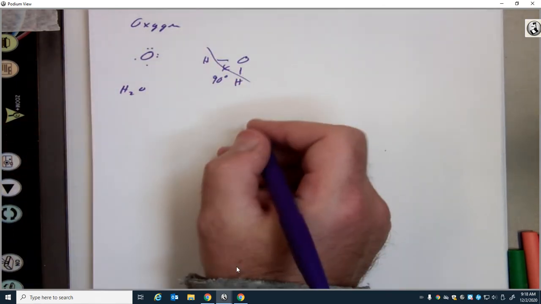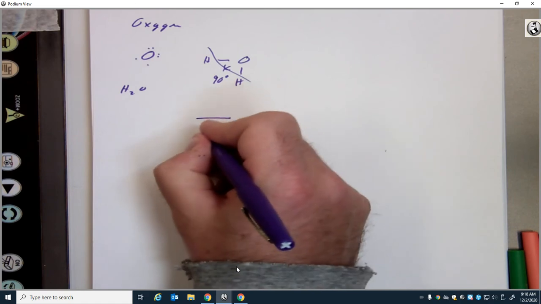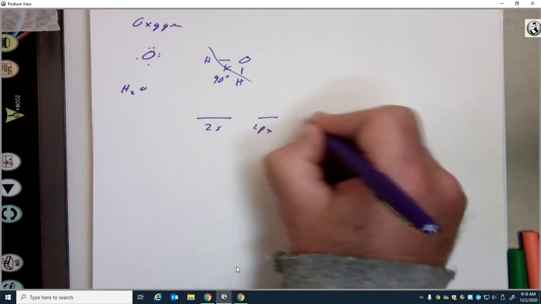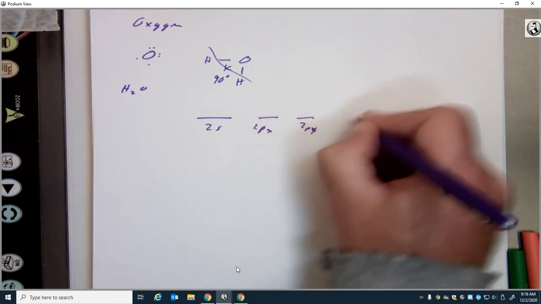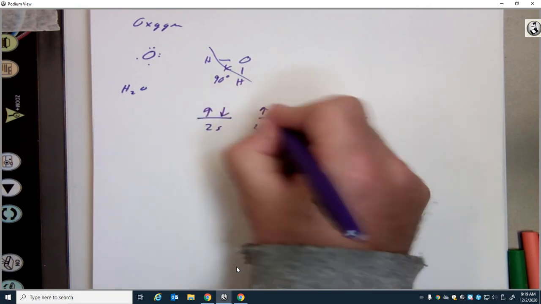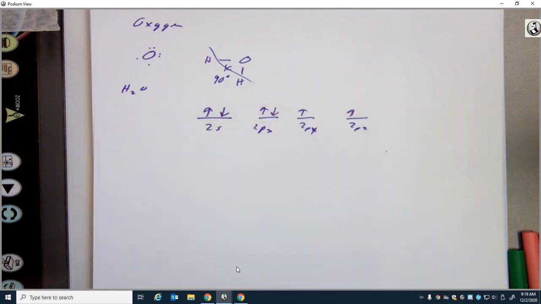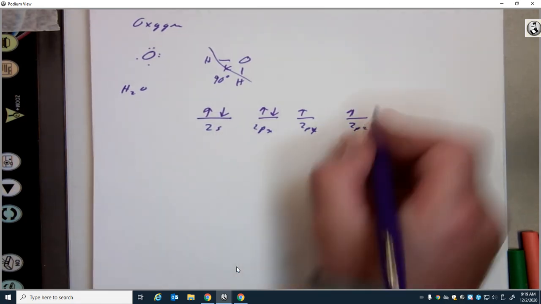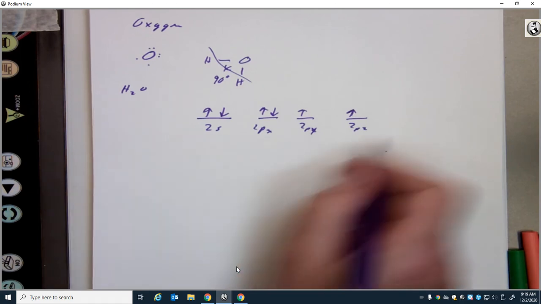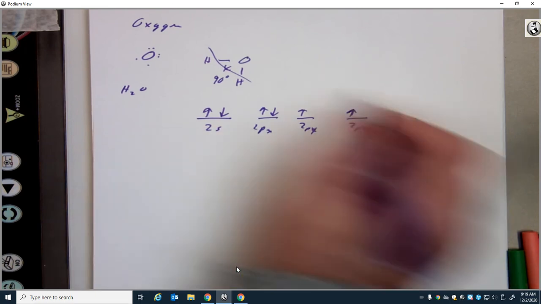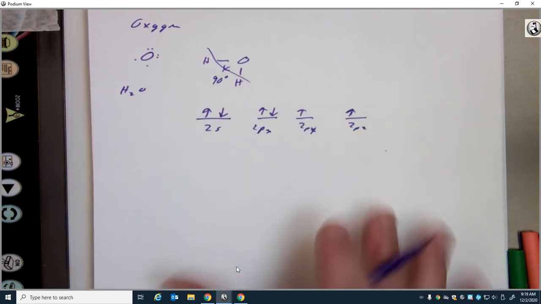So when we look at oxygen, it's got 2s, 2px, 2py, and 2pz, and it's got an up-down, up, up, up-down. So this is what oxygen is when it's not a central atom, when it's by itself. What we find is this is going to go through sp3 hybridization.